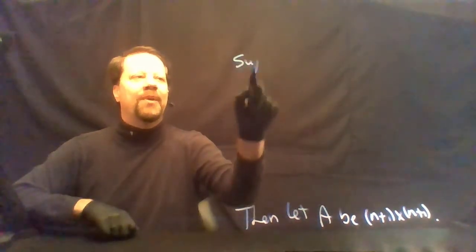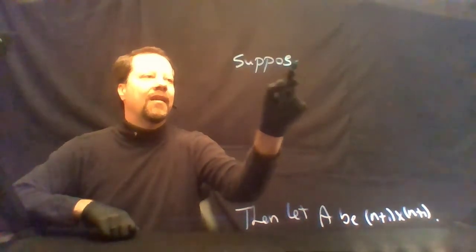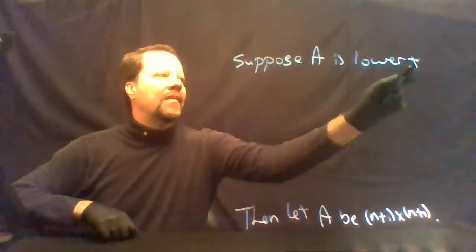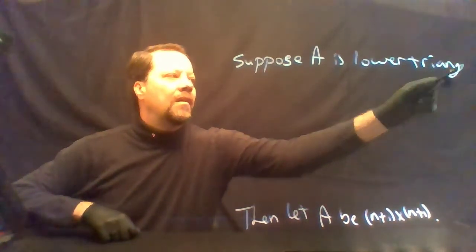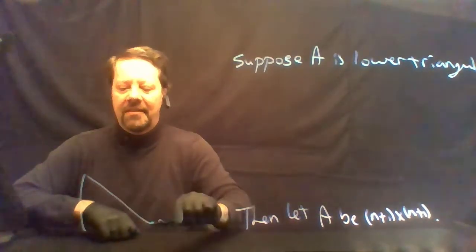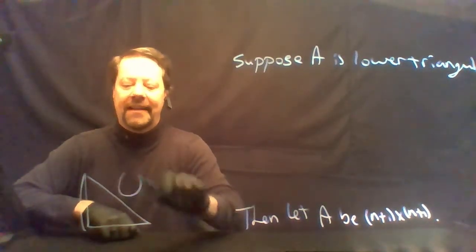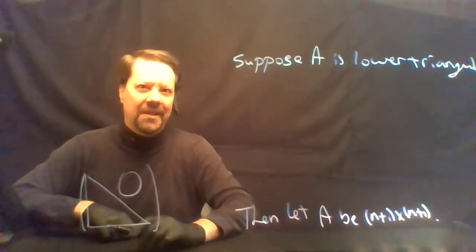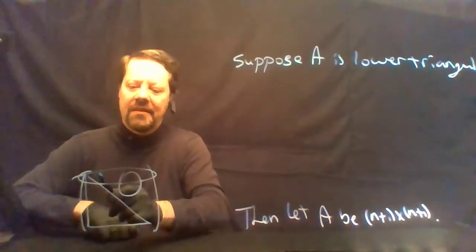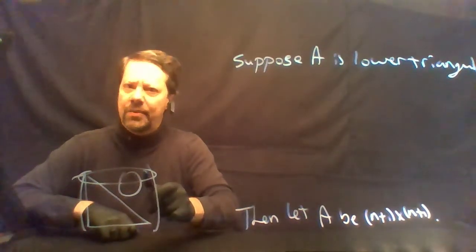We're going to suppose A is lower triangular, so it has non-zero entries below the main diagonal and zeros everywhere else. If we do this cofactor expansion business, most of the coefficients of the cofactors will be 0.